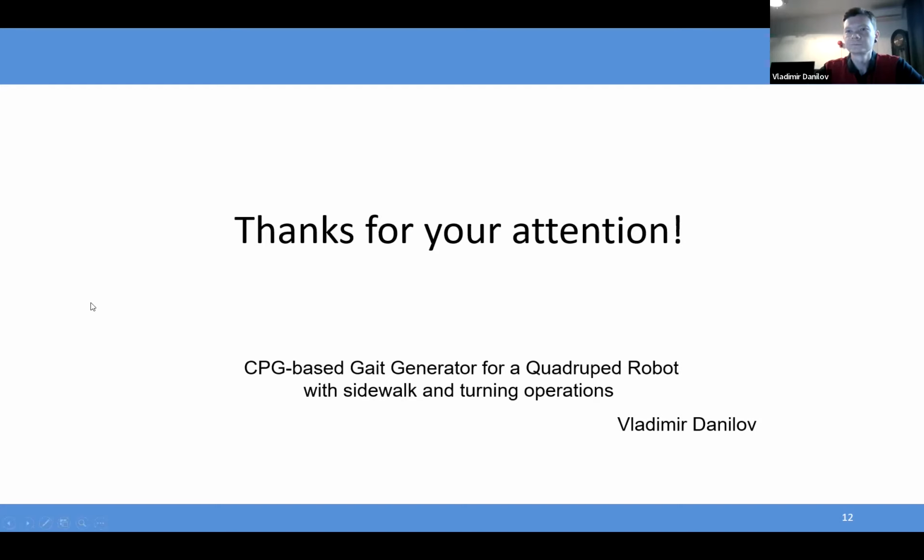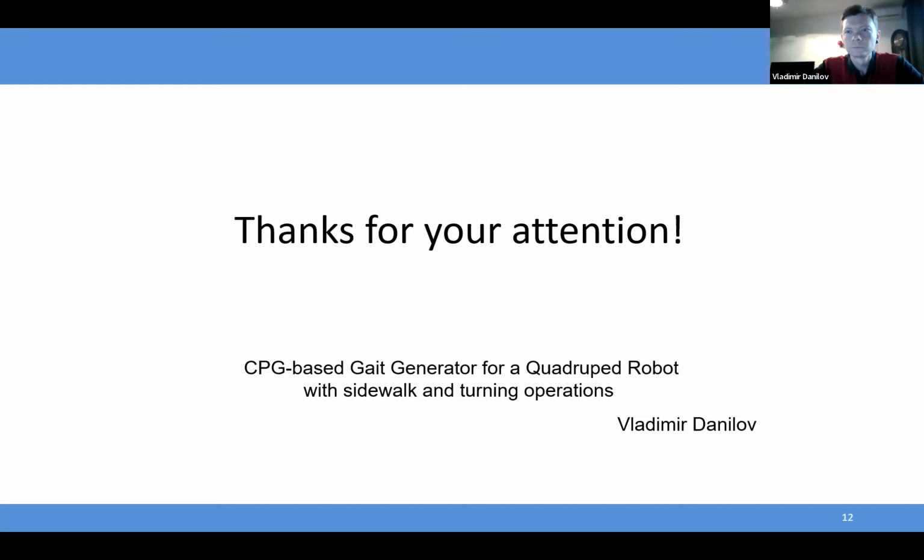Nope. So, Vladimir, let me just ask you one question, please. The CPG-based gait generator probably would work as well with bigger robots, right? Because from what I can see, you applied it to a smaller robot, but probably it should work with bigger robots. Do you think that is expandable for those kinds of robots?